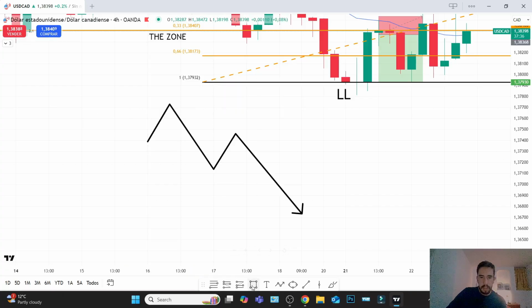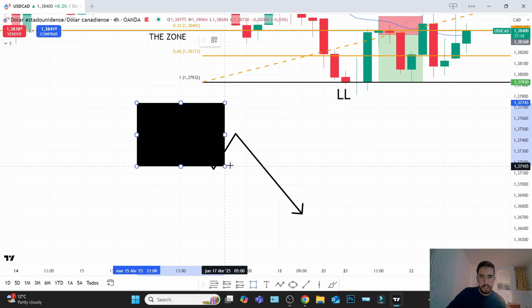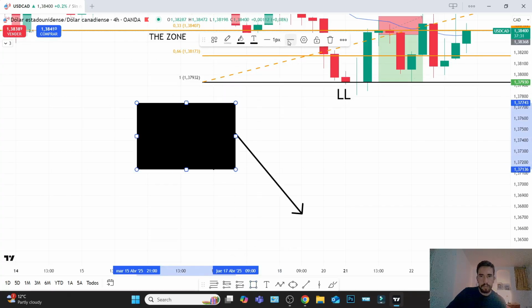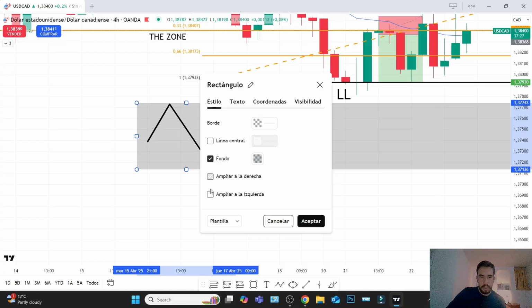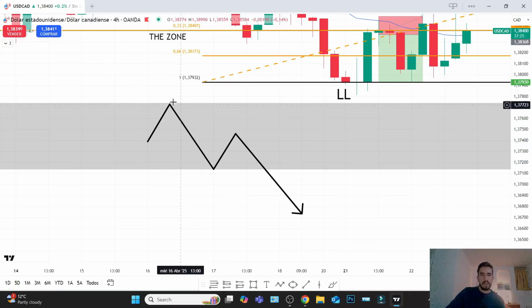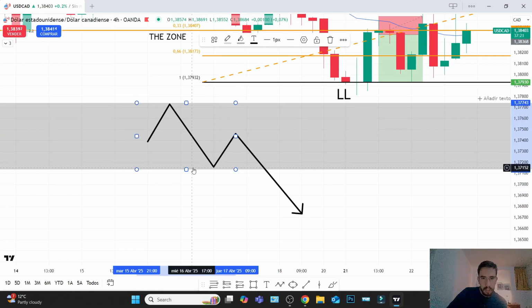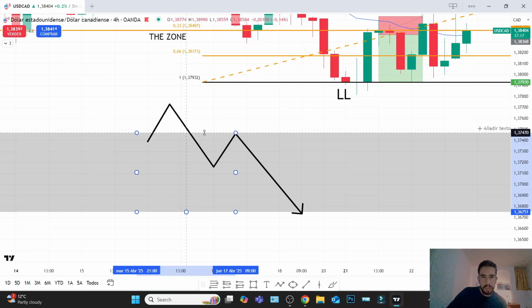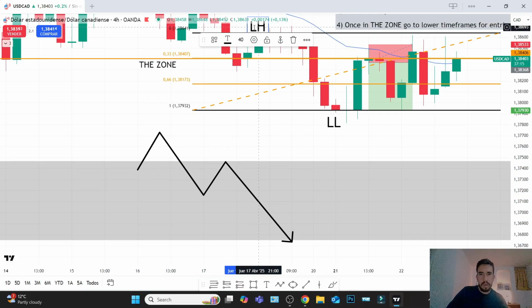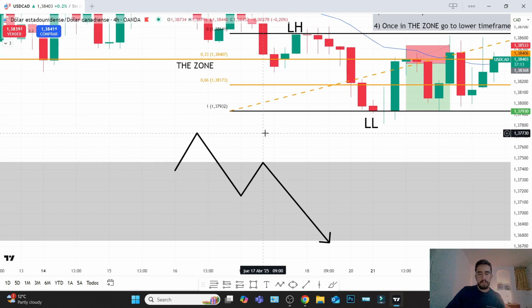So this is the market. This is the market structure. Then it breaks below, so the market goes down and the market goes down. Now we have our lower high here.